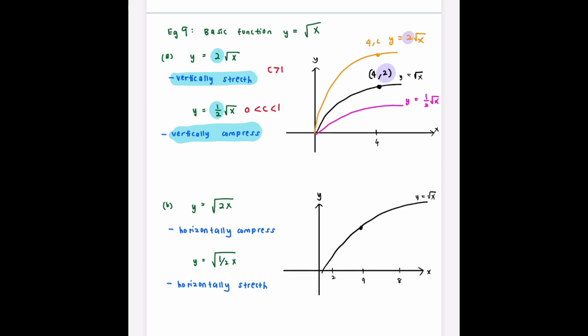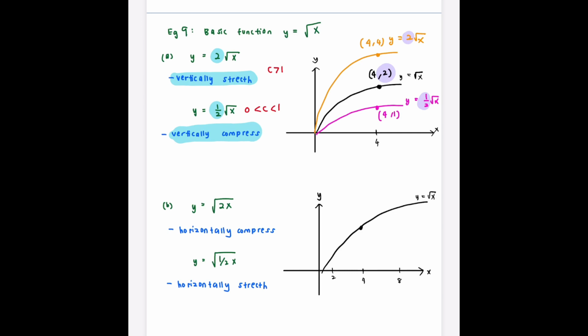So your new point here will be 4, 4. And then the second one, multiply the y coordinate with the constant C. Your C here is half. 2 times half is 1. So the point here will be 4, 1.